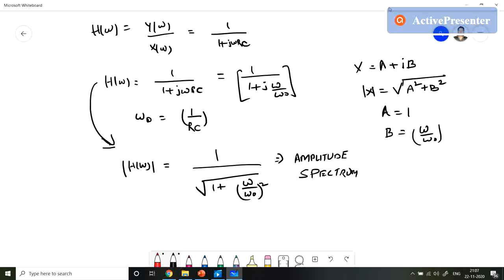If we find the square of the amplitude, we will get the power spectrum. So the modulus of H(omega) squared is equal to 1 divided by 1 plus (omega divided by omega naught) whole squared.